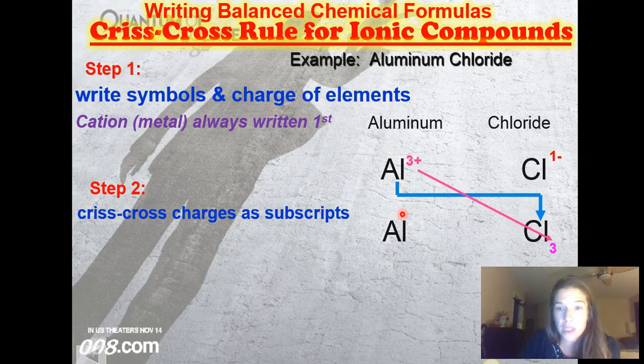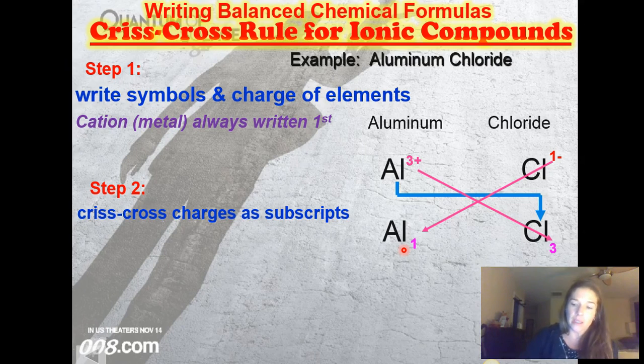So the way that looks is, yep, the 3 from the aluminum comes down to the base of the chlorine as a 3, no charge. Okay? The 1 from the chlorine comes down to the base of the aluminum. Even if you write aluminum, you're implying that 1 atom of that element is available. So it's sort of implied. You don't write the 1s usually.